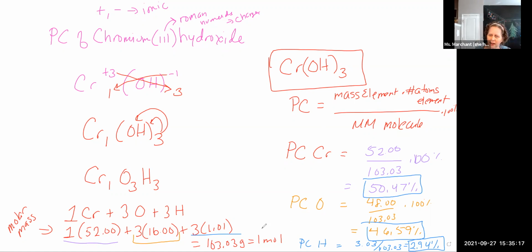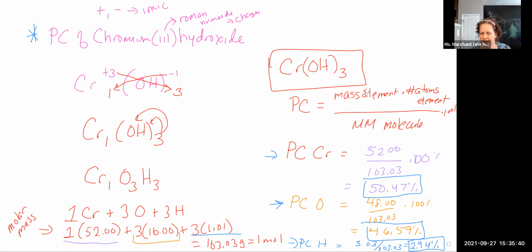Now, when you do the problem, it might only ask you for the percent composition of oxygen, in which case you just need 1 equation out of the 3. But if it doesn't specify, like this problem here, percent composition of chromium 3 hydroxide, then you have to do all 3. So check your paper and see what your worksheet says to do for that one.